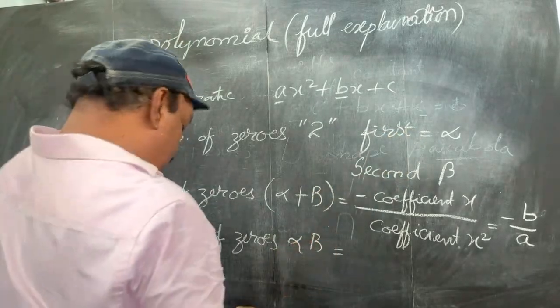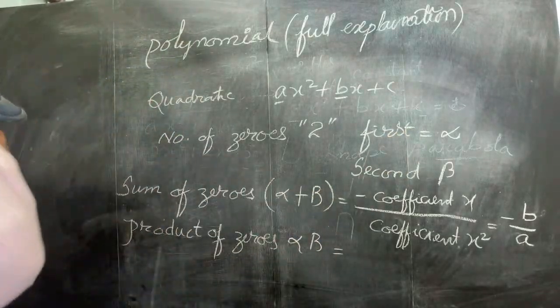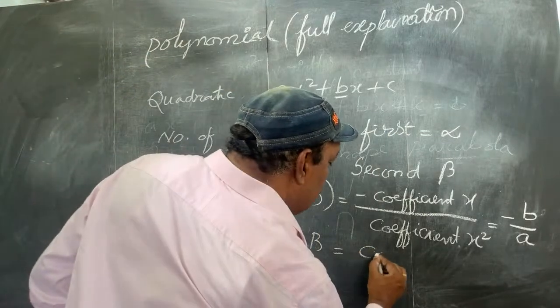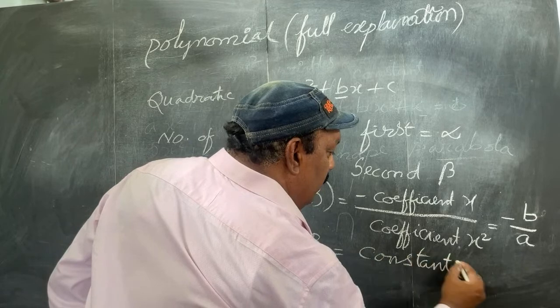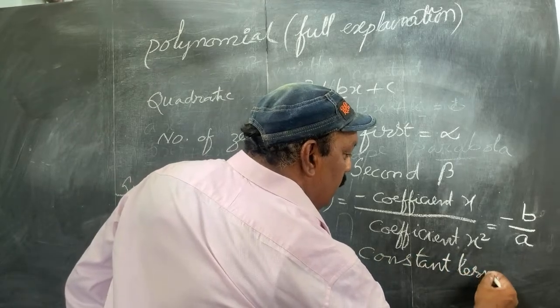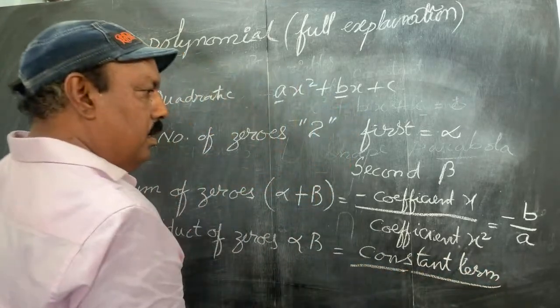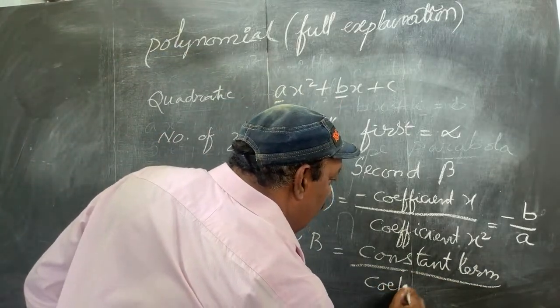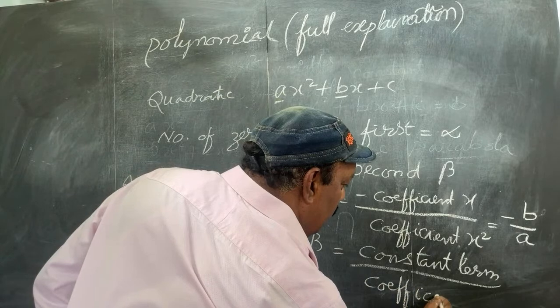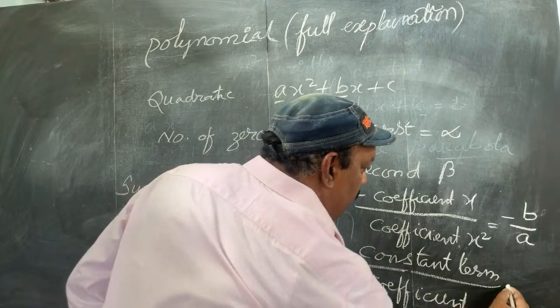For this purpose, we use the constant term and the coefficient of x square.